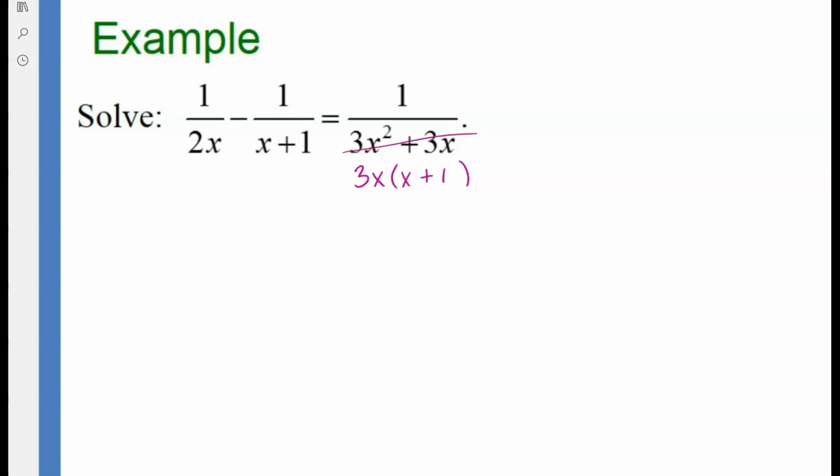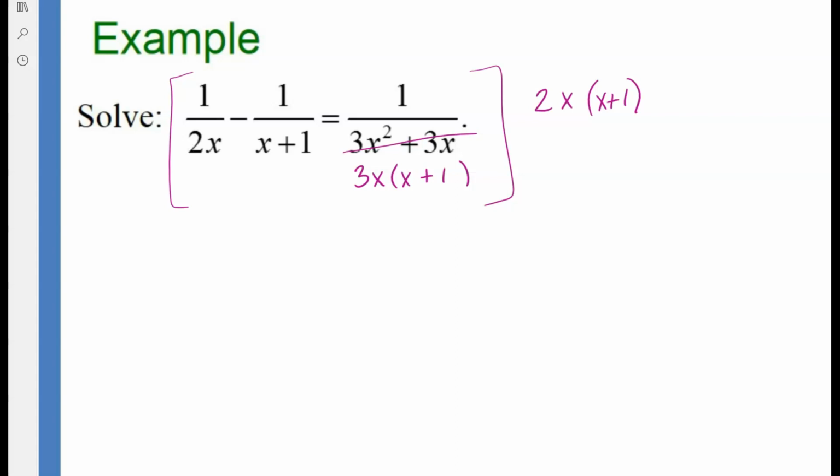Now that I have every denominator factored, it's easier for me to find the least common denominator. I know that it's got to have every factor of the first denominator, which is 2 and x. And it has to have every factor of the second fraction, which is x plus 1. And it's got to have every factor of the next denominator. But I don't want to repeat any factors.